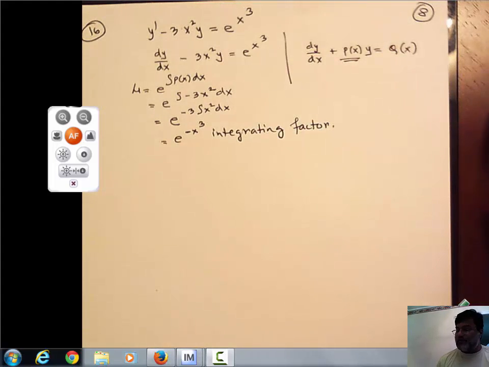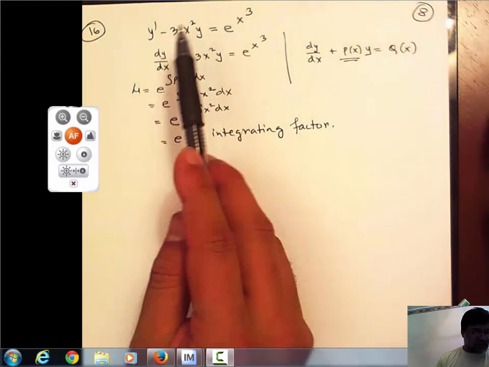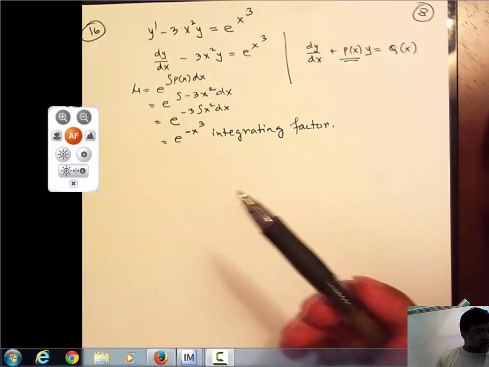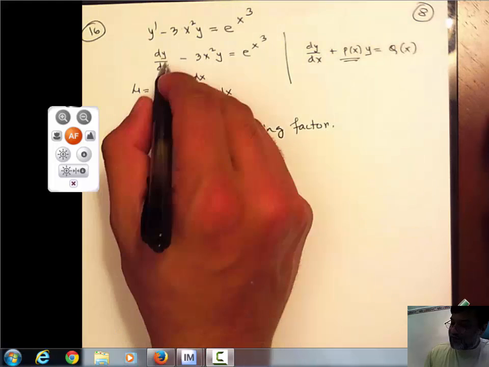Right? So what do we do? We multiply both sides by the integrating factor and then take derivative and go on from there, right? So multiply both sides of this.